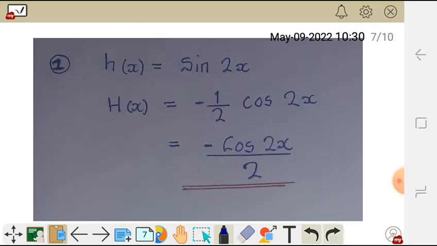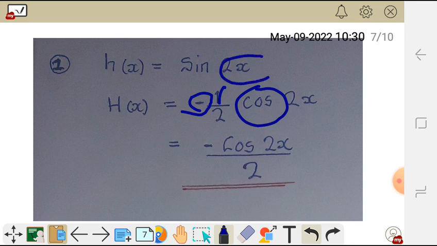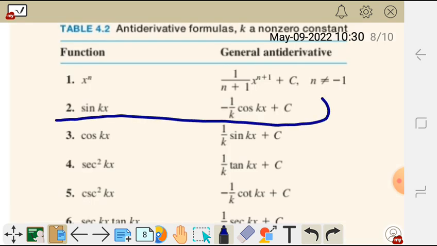So for this one, which is h of x equals sine 2x, this 2 is a constant. We are going to divide 1 by that constant 2, and then get the antiderivative of sine, which is negative cos 2x. That is the second principle, which is this one here.